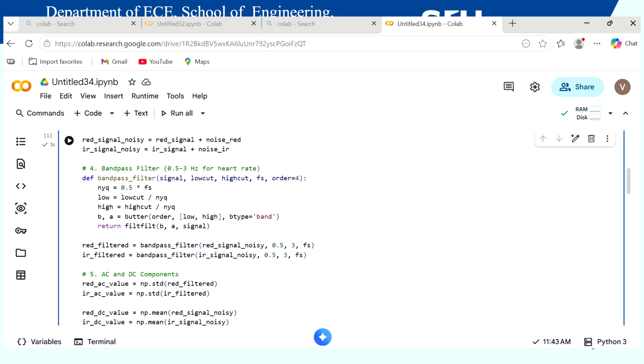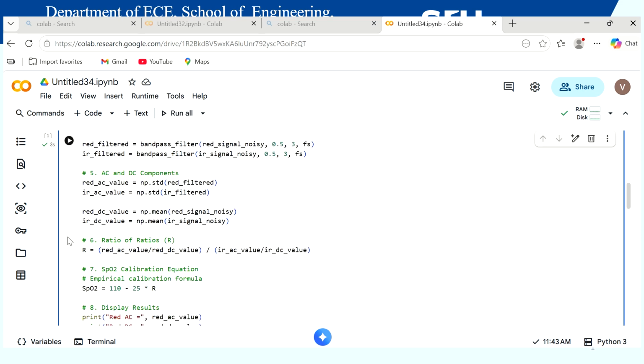And in the case of DC, red_DC_value is equal to np.mean of red_signal_noisy, and IR_DC_value is equal to np.mean of IR_signal_noisy.